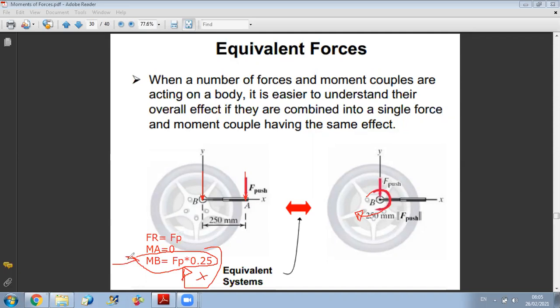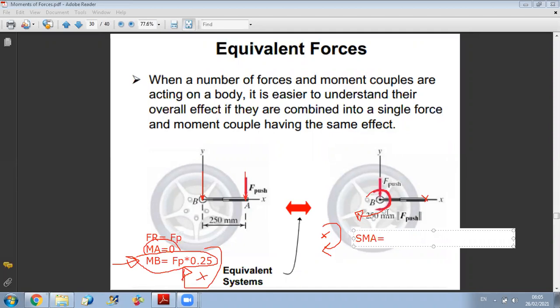And let us make sure now that MA also will be 0 when I do this. If you want to calculate the moment about A, what will it be? If I consider the counterclockwise direction as positive for moments, and I do the sum of moments about A, what do I get? First, I have the couple. The couple, as we said, is a free vector.